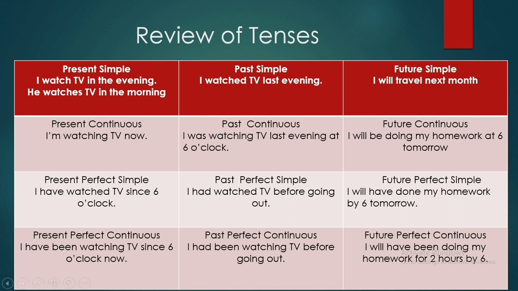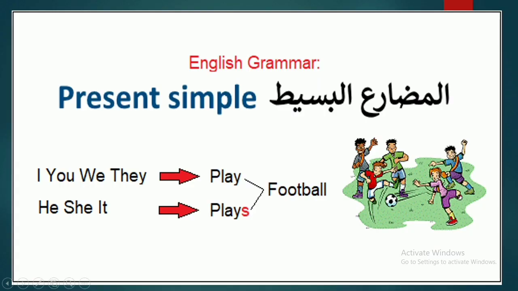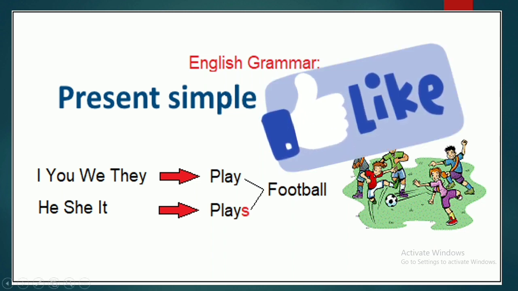And here are some slides to talk about each tense in detail. And you will find further videos in our channels, earlier videos in the channel, talking about the present simple tense in detail, just in case you don't remember it.